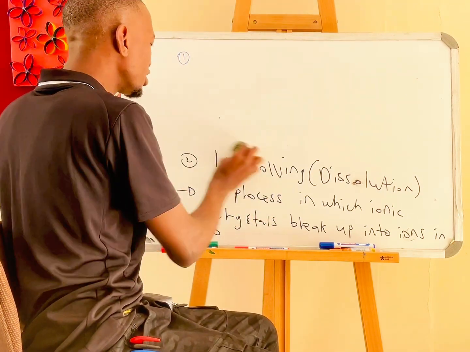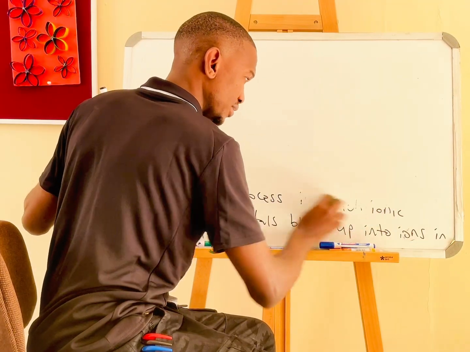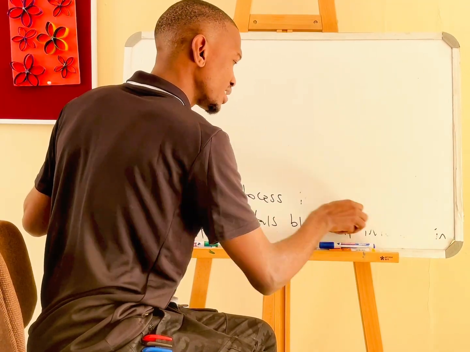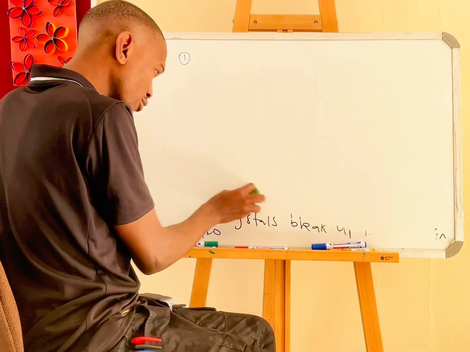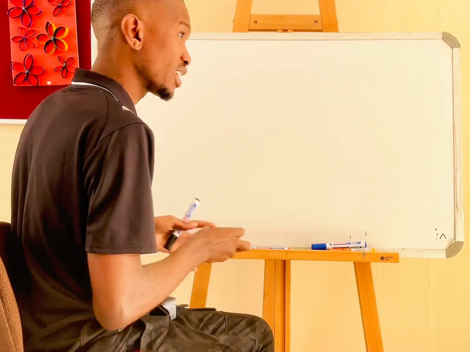So what is the difference between those three bonds? If you cannot understand these types of bonds, I'm telling you, you're going to struggle here. Here's what I can mention to you.